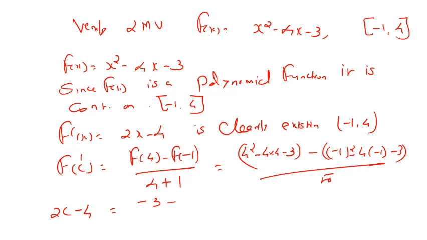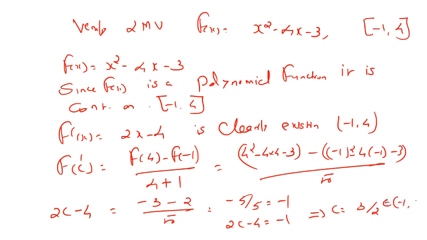Here minus 1 squared is 1, 1 plus 4 is 5, 5 minus 3 is 2. So 5 minus 3 minus 2 by 5, so minus 5 by 5, that is minus 1. So 2c minus 4 is equal to minus 1, which implies c is equal to 3 by 2. This 3 by 2 is a number between minus 1 and 4. So you can say Lagrange's mean value theorem is verified.